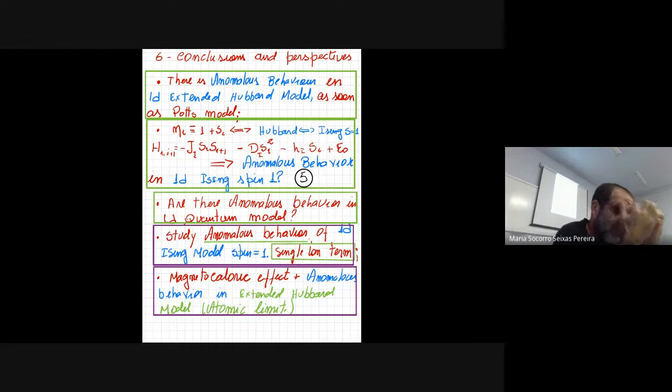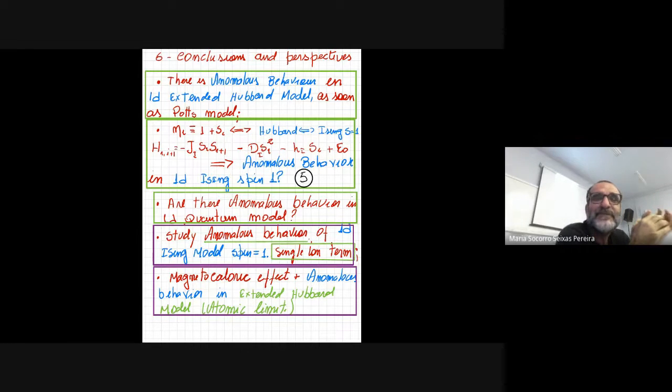Another interesting thing that Mancini said in his article is that if you define the number operator equal 1 minus spin 1, the Hubbard model is mapped to the Ising spin 1.